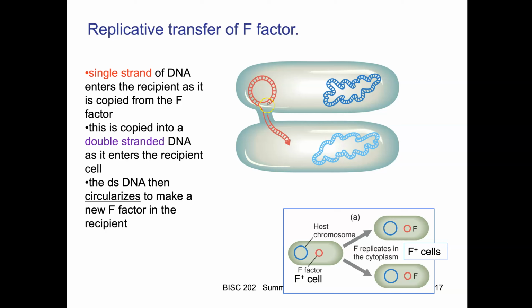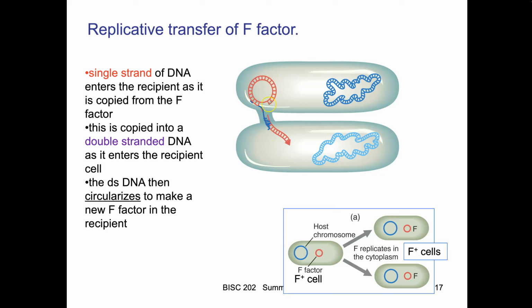Okay, and the way this actually works, it's hard to explain. It's called rolling circle replication. So what happens is the DNA opens and one of the two strands is fed into the recipient cell. And as it's coming through, the recipient cell, which is single-stranded, starts adding nucleotides to make double-stranded DNA. In the meantime, this circle keeps twirling. Think of a roll of paper towels, for example, and one sheet of paper towel gets fed until the entire single strand has been fed in.